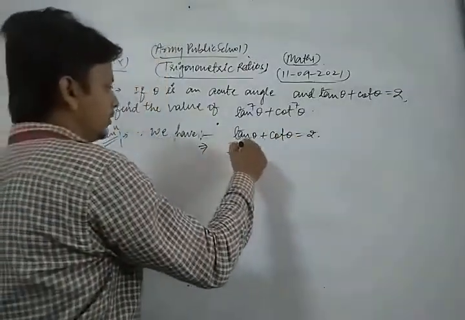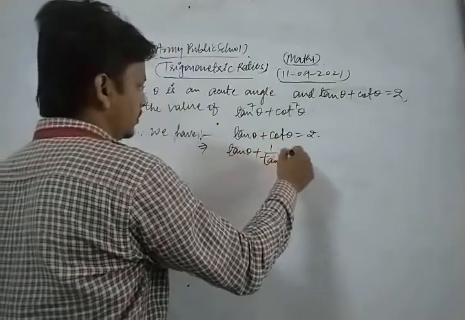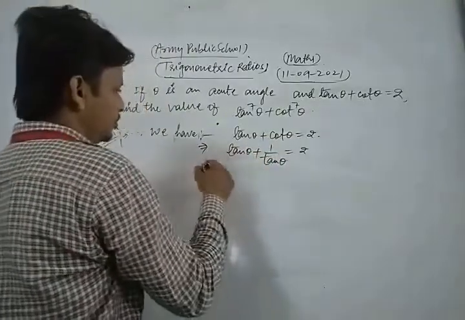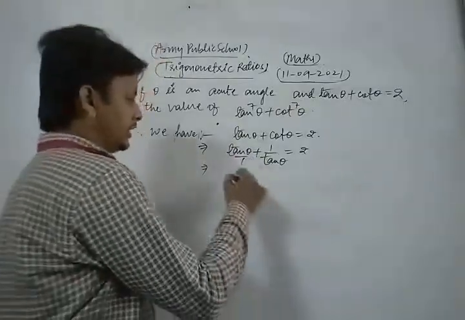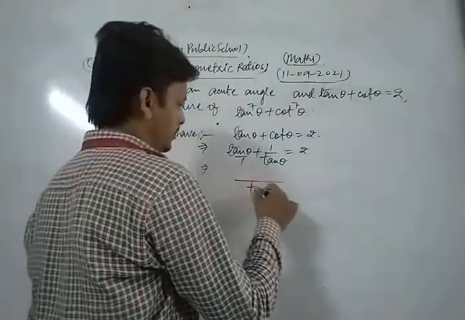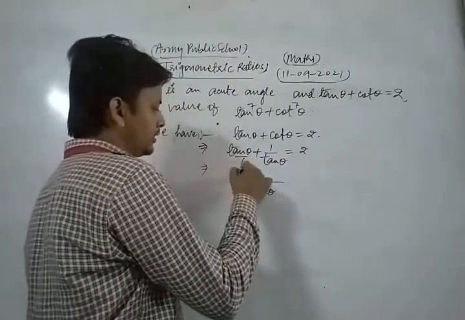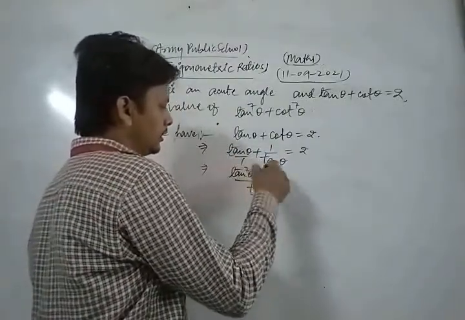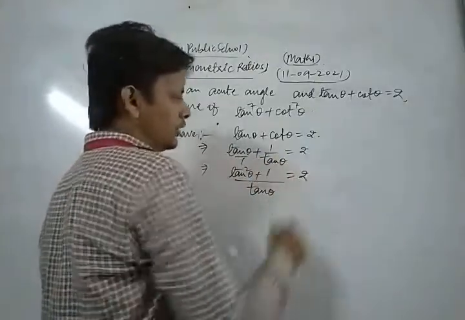Now cot theta is 1 upon tan theta, so tan theta plus 1 upon tan theta is equal to 2. We take the LCM, so tan into tan we get tan square theta plus 1, divided by tan theta, is equal to 2.